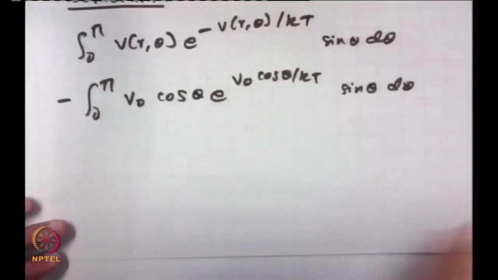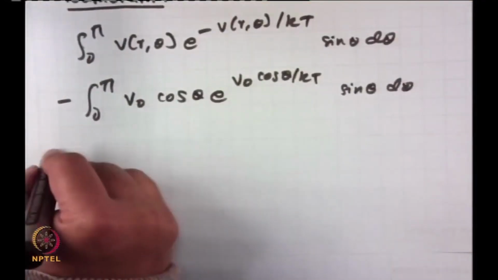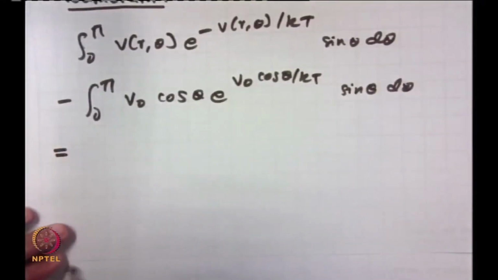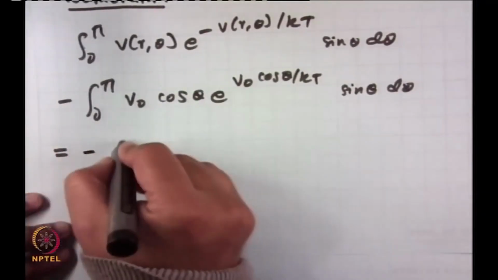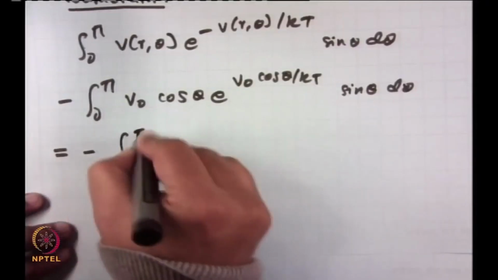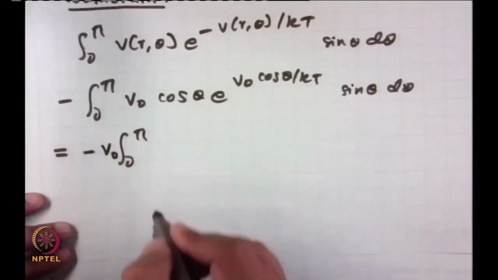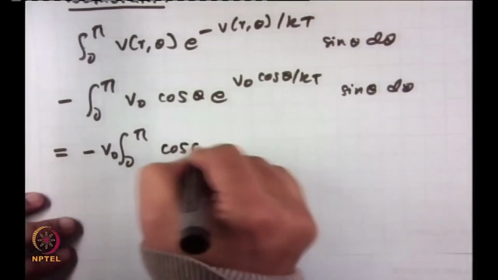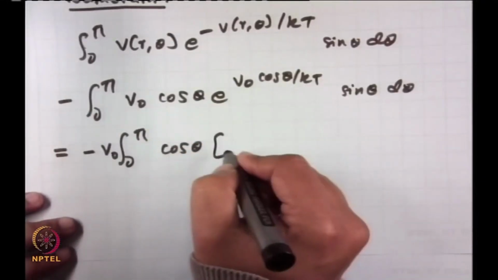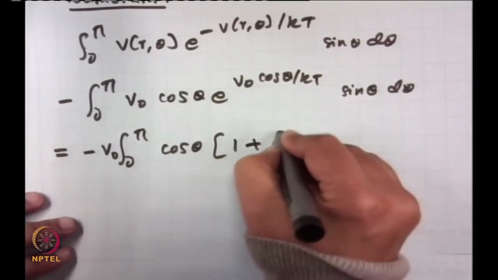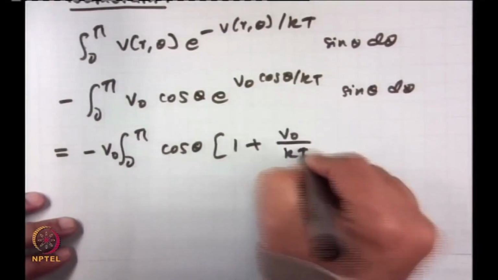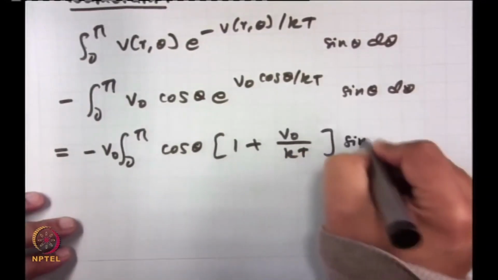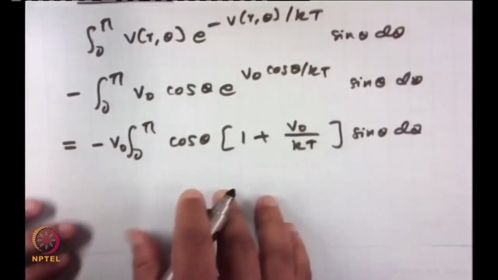Okay, going step by step. Now this is equal to minus 0 to pi, I can keep the V0 outside, I have cosine of theta, but this one is already simplified for me, isn't it? 1 plus V0 over kT, then sine theta d theta.